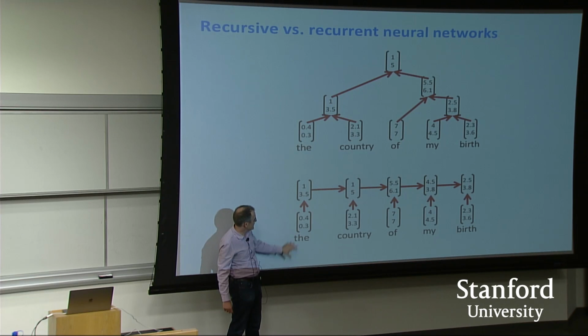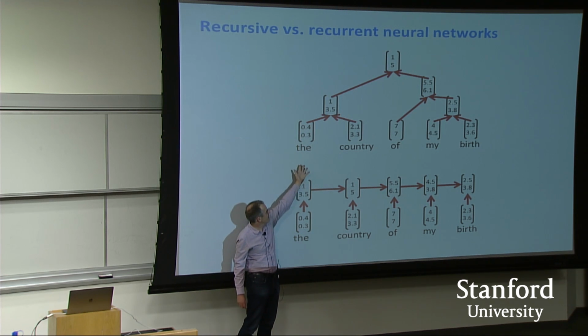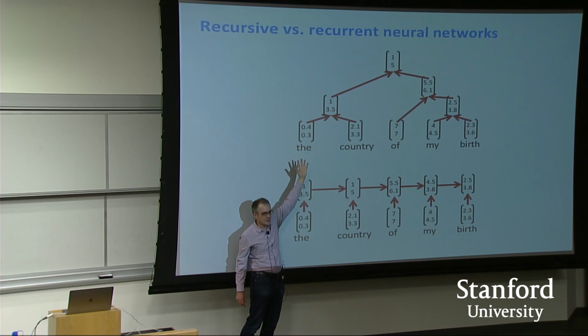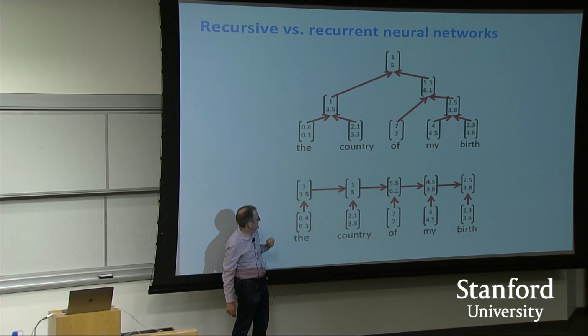But if you look at the details of these two models, they are different, because in this model we're exclusively building upwards. We're taking smaller pieces of structure and computing a representation for a larger piece of structure that they compose into.